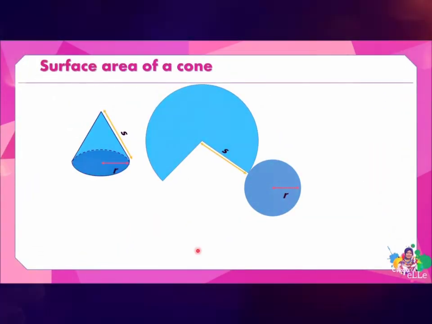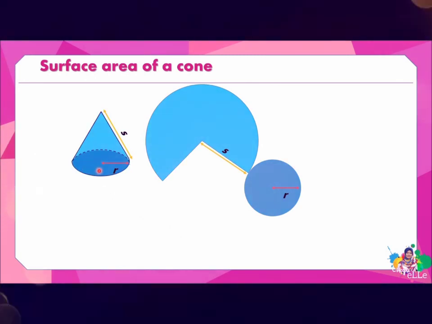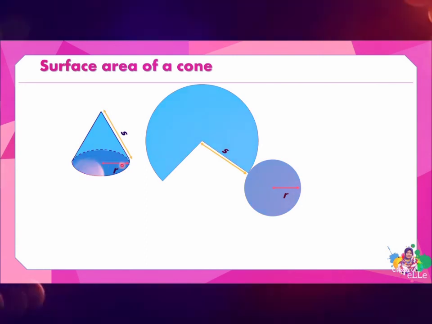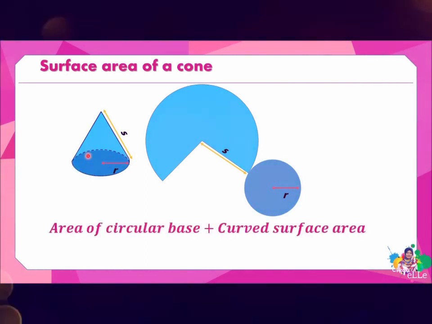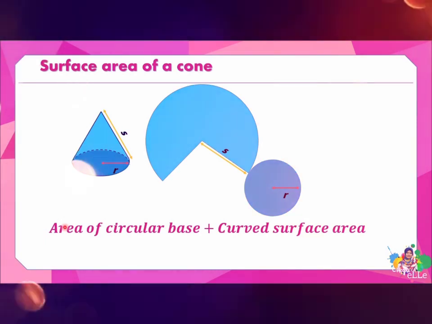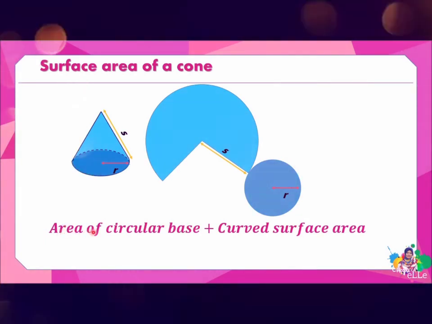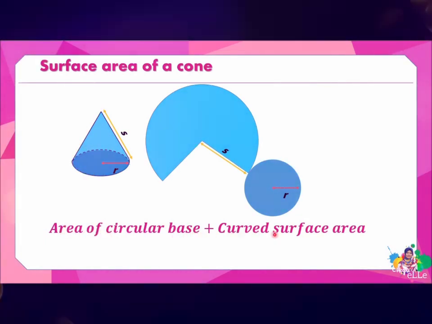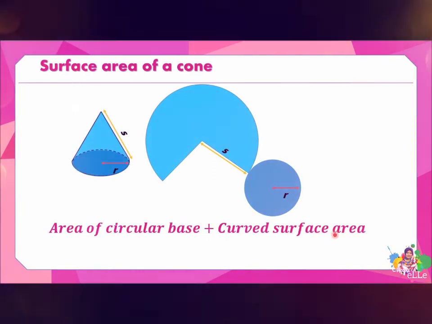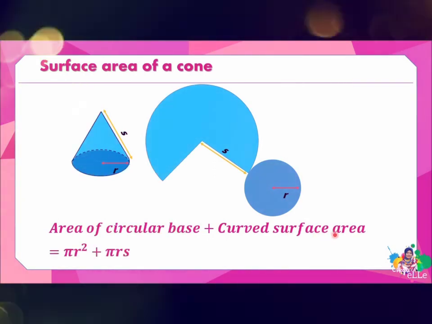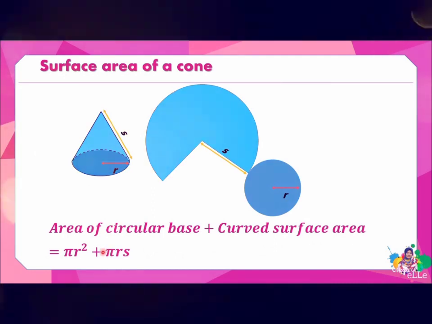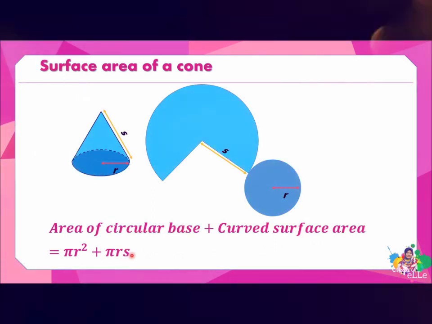What about cone? A cone has one circular base and one curved face. So the formula for the surface area of a cone is the area of the circular base plus the curved area, which is pi r square plus pi r s.